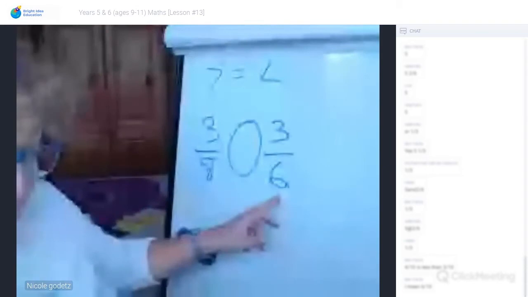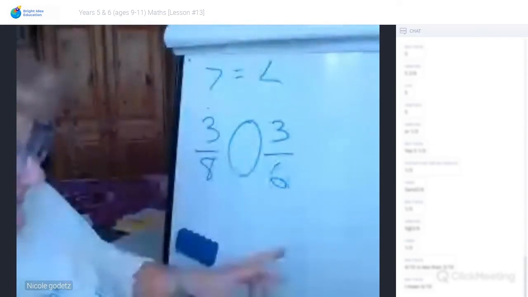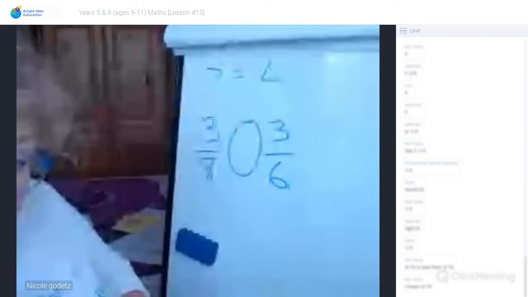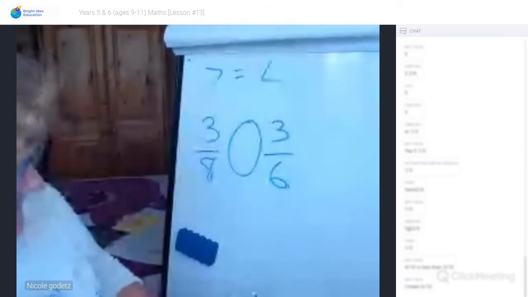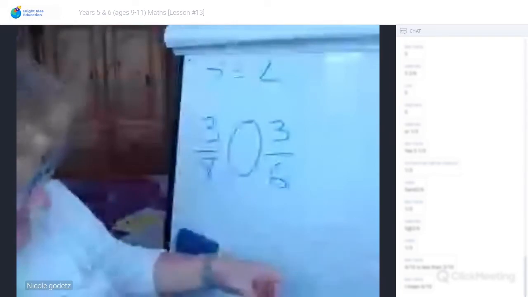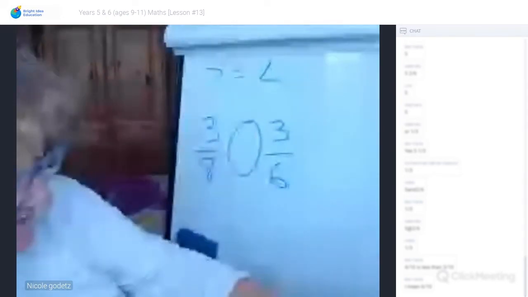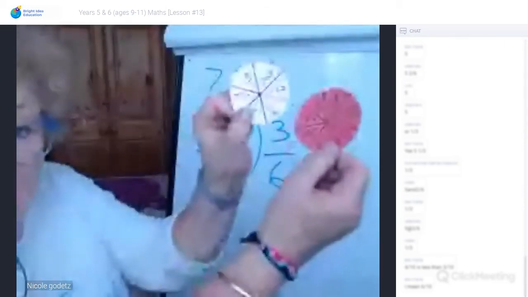Remember, the less sharing, the bigger the pie. If I have a cake and I put it into 6, I get bigger pieces than if I share it into 8s.